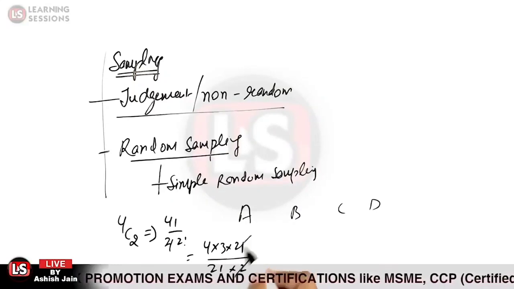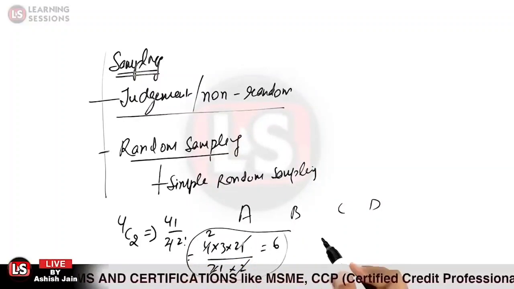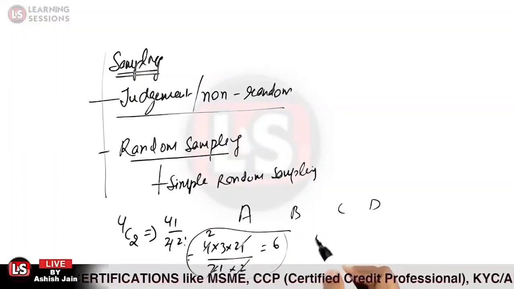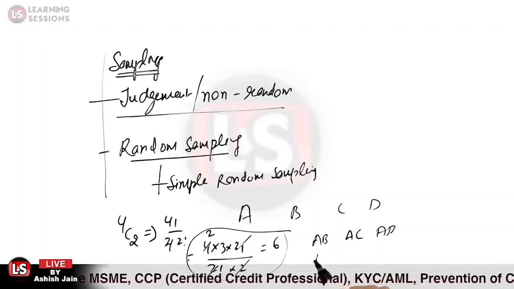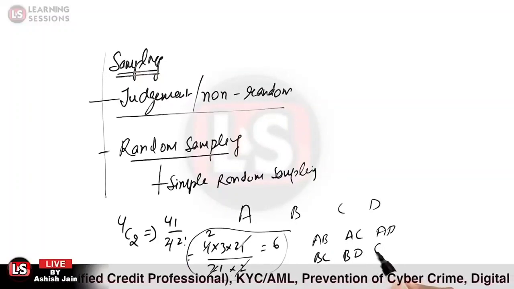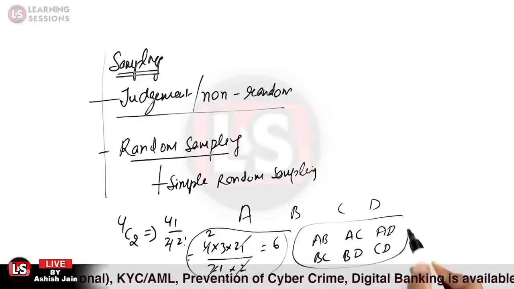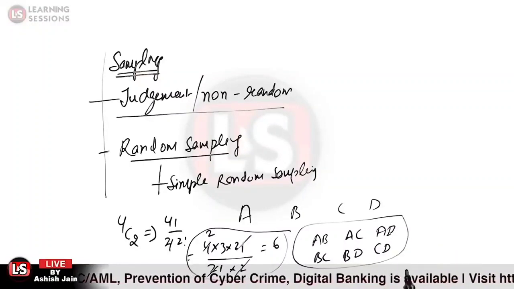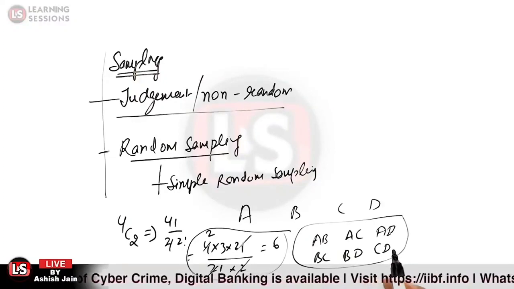So it will be 6 events, 6 combinations, and those combinations will be AB, AC, AD, BC, BD, and further CD. These 6 combinations can be there, and if we want to select one combination out of it, what would be the probability related to it?